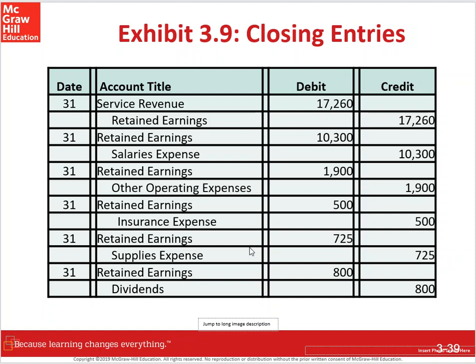And ultimately what you would be doing is just doing one big giant debit to retained earnings, and then credit each of the expense and dividend accounts. So you'd skip all of those ones. You'd have one big debit to retained earnings, and then you would credit salaries expense, other operating expense, insurance expense, supplies expense, and dividends. Sometimes they even want you to do it as one entry, which they show here.